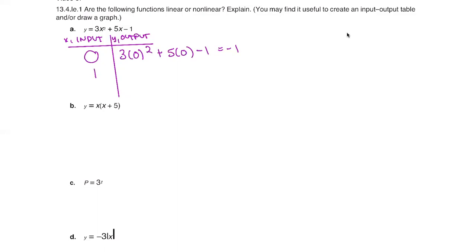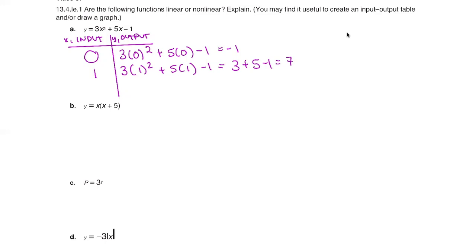If I input 1 into this function, I get 3 times 1 squared plus 5 times 1 minus 1. Well, that's going to be 3 plus 5 minus 1, which is 7.